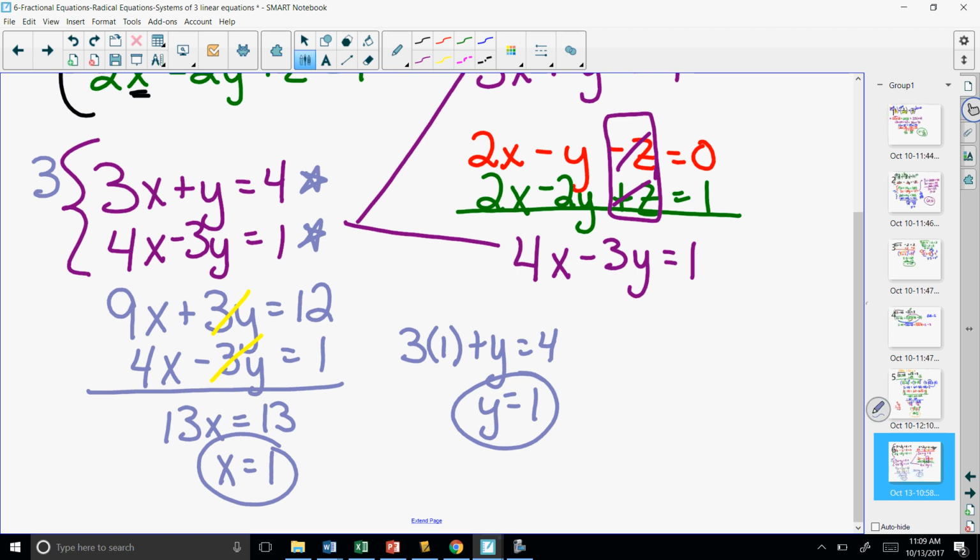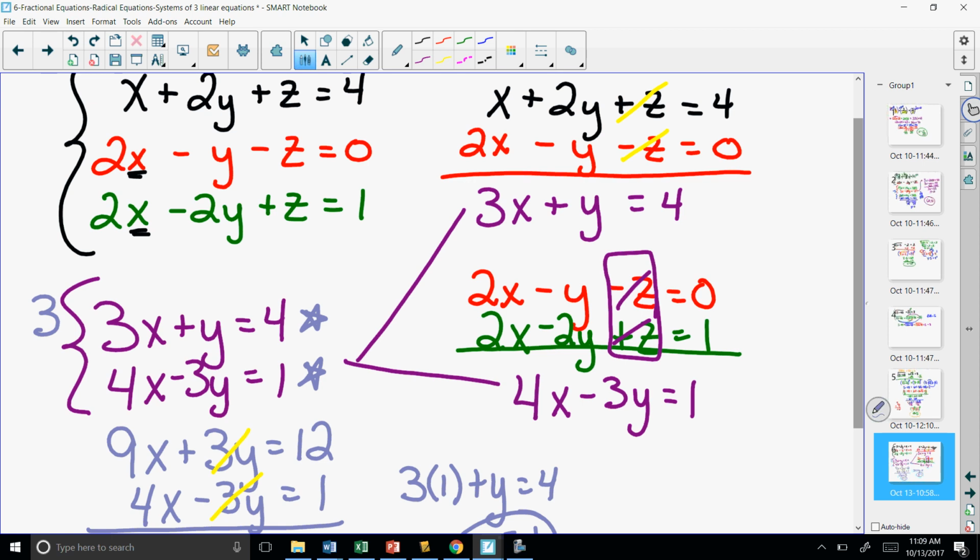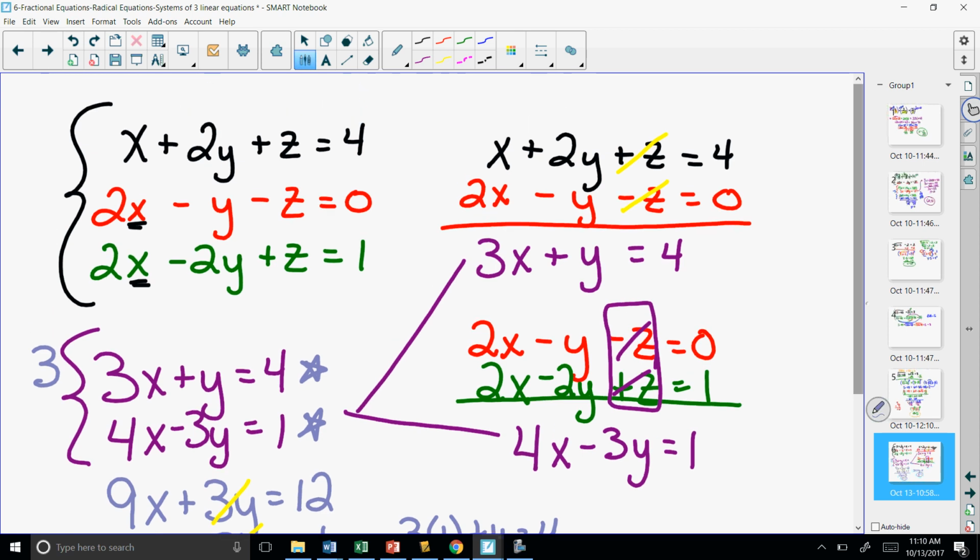Now how am I going? That's not it. We had 3 variables, x, y, z. So now I need to figure out what z is. Okay, we can put it in the black one. You could put it in any of them. Keep in mind, you could have put x into one of these 3 original equations, actually 2 of them, and then you would have equations with y and z, and then you could do elimination and substitution again if you wanted to.